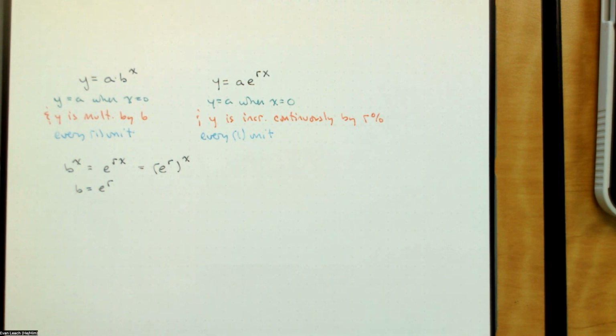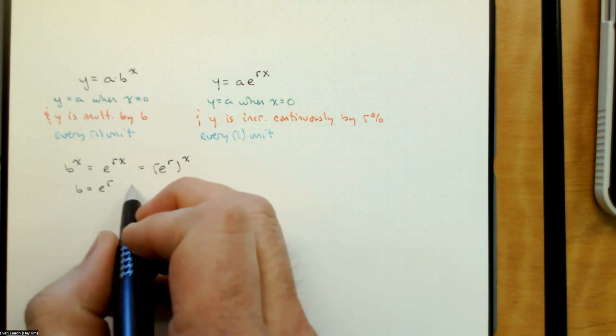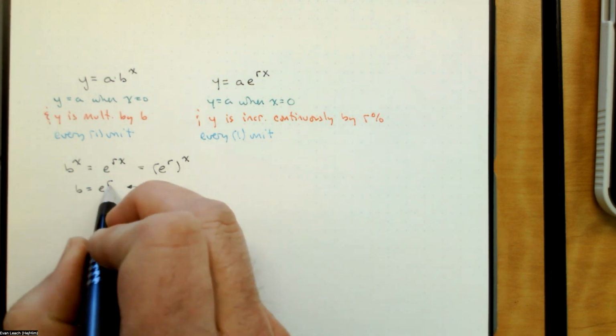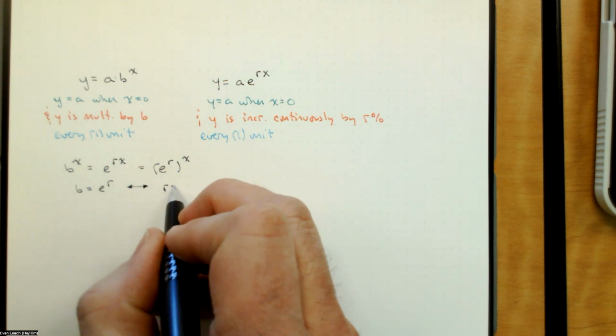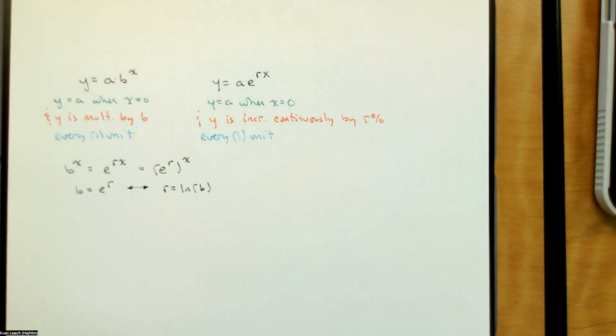If I have it the other way around, if you have your unit multiplier and you want the continuous growth rate, just solve for r. And so we'll see that r is the natural log of b.